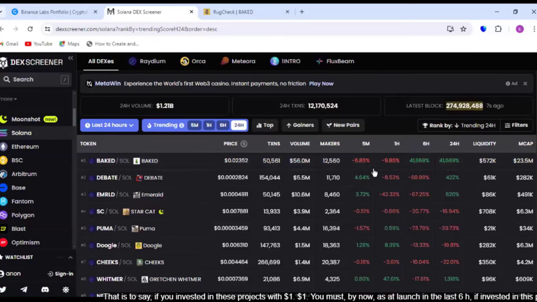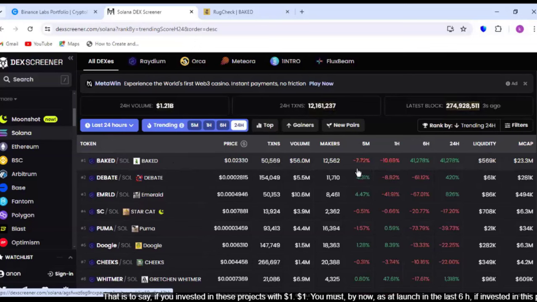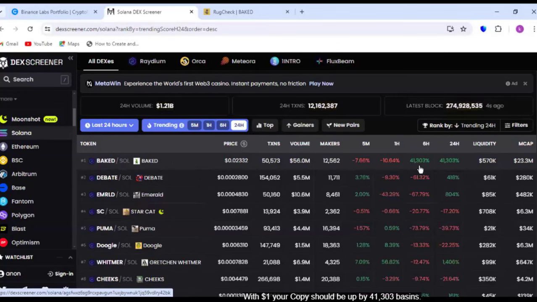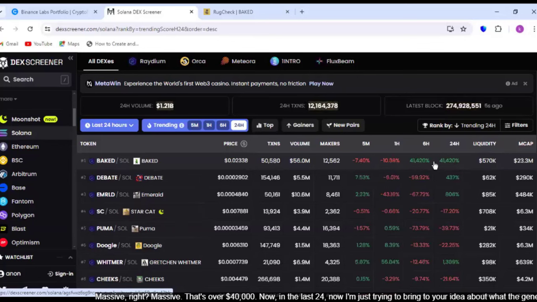That is to say, if you invested in this project with $1 at launch in the last 6 hours, your capital should be up by 41,303%. Massive, right? Massive. That's over $40,000.